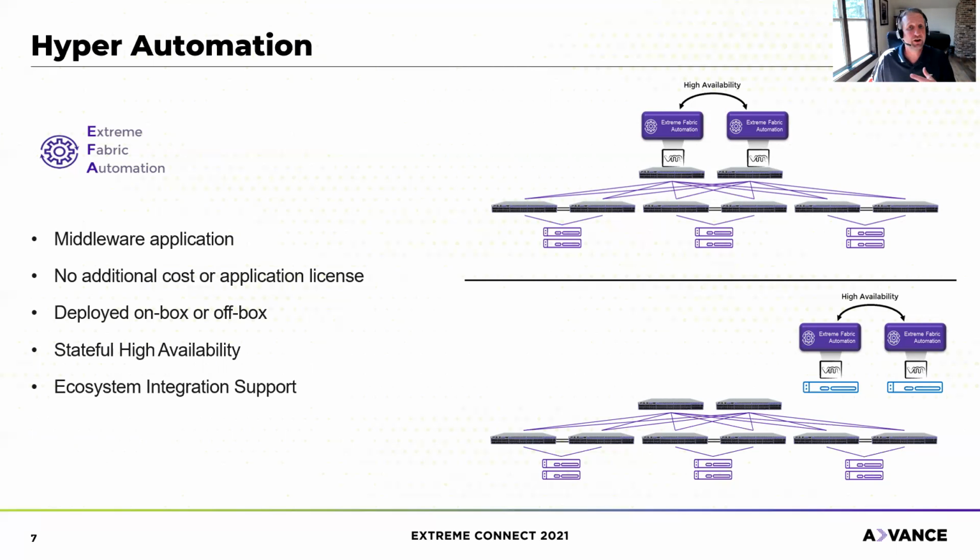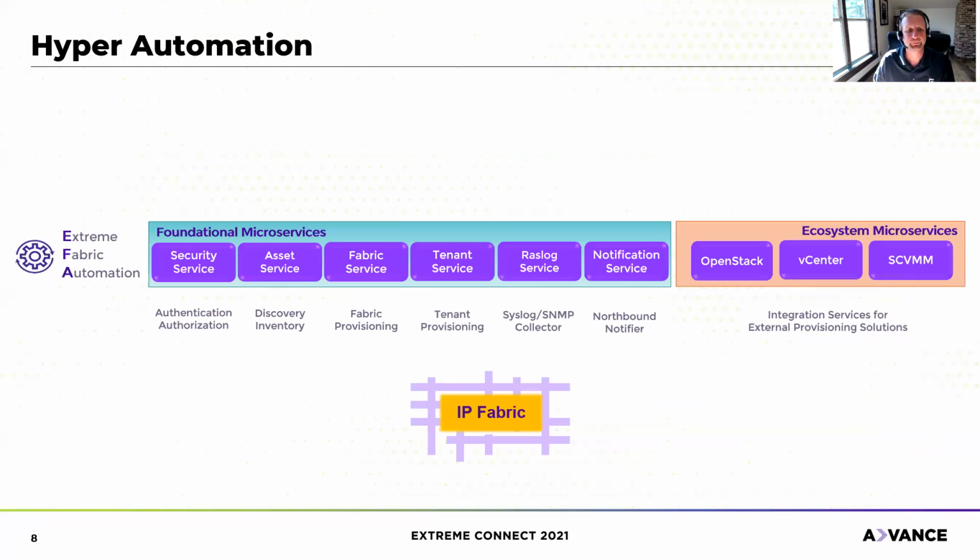So you have a lot of flexibility in how you want to deploy the application. But in both cases, this is an application that runs in full high availability mode and is really that catalyst engine for hyperautomation. So let's dive a little deeper into what that really looks like.